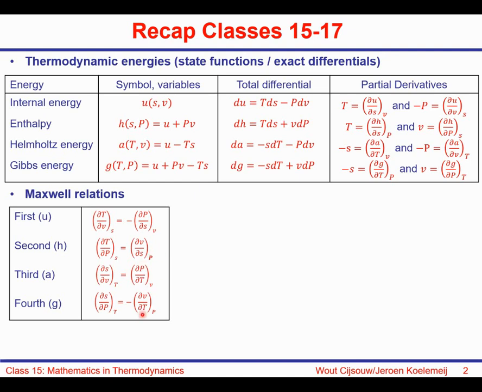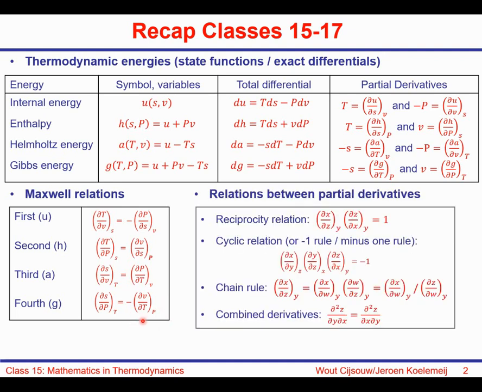You can convert these partial derivative differentials to expressions that contain properties that are measurable. And we also learned a few math relations that allow us to reshape partial derivatives, all these rules that we actually use to derive these Maxwell relations.